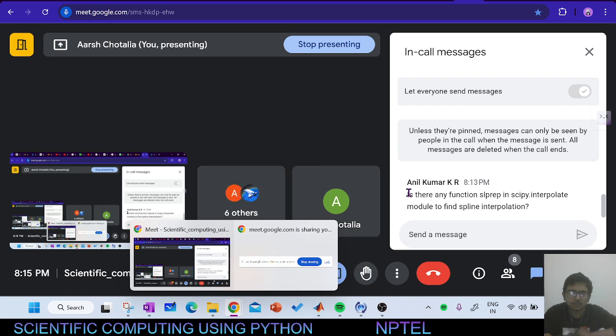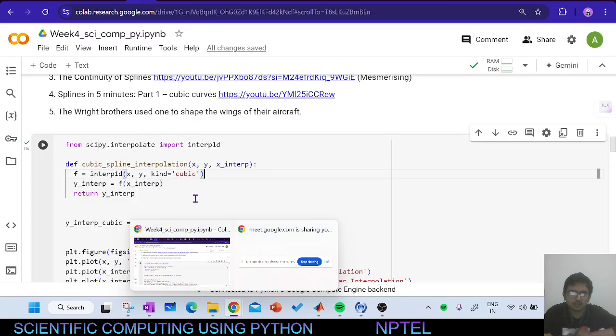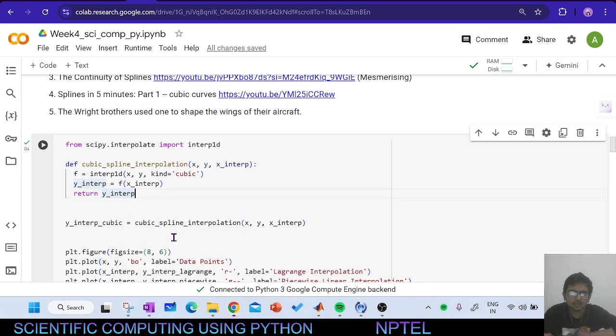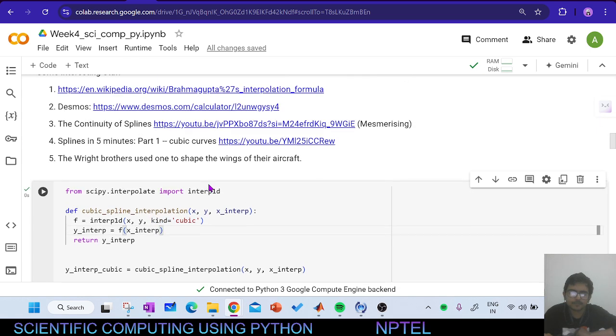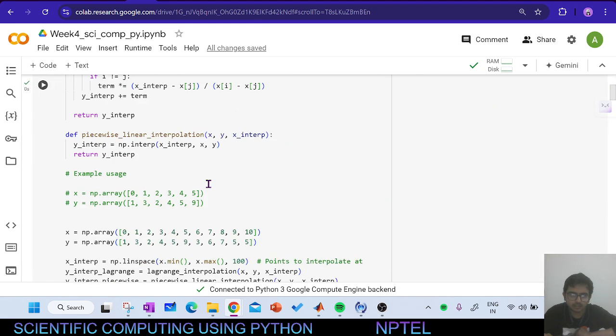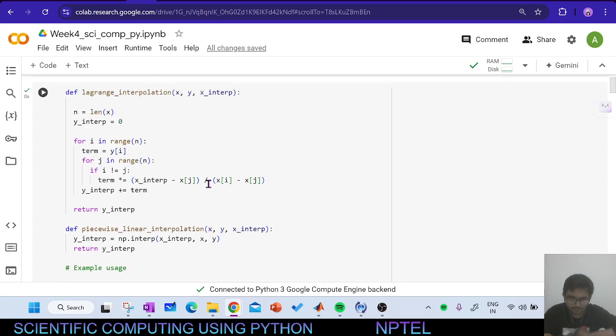So am I audible? Yes. I think that function is for interpolation, linear interpolation. But I'm asking for spline. No, this is not linear interpolation. This is a cubic spline interpolation. I'm talking about that interp1d function. That function is for linear interpolation, I think.